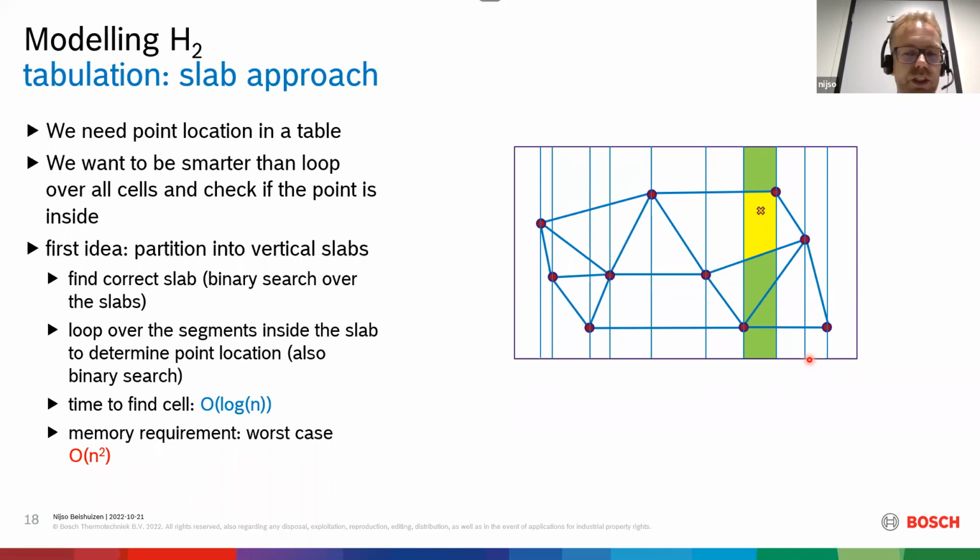A very simple but still computationally efficient method is subdividing the 2D domain into vertical slabs and keeping a sorted list of all the edges in the slab. This basically means doing two binary searches, so the computational time is of the order of log n. However, the memory requirements can, in the worst case, still be of the order n squared.